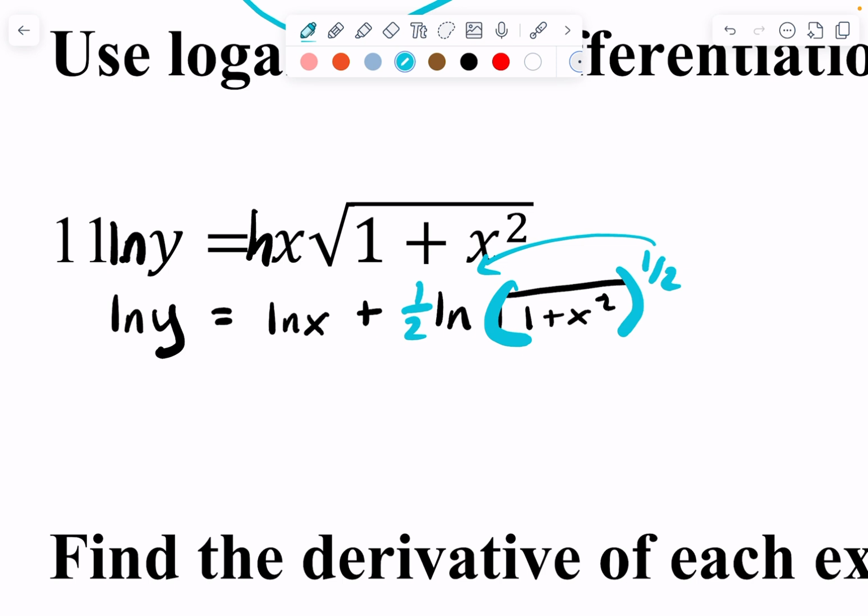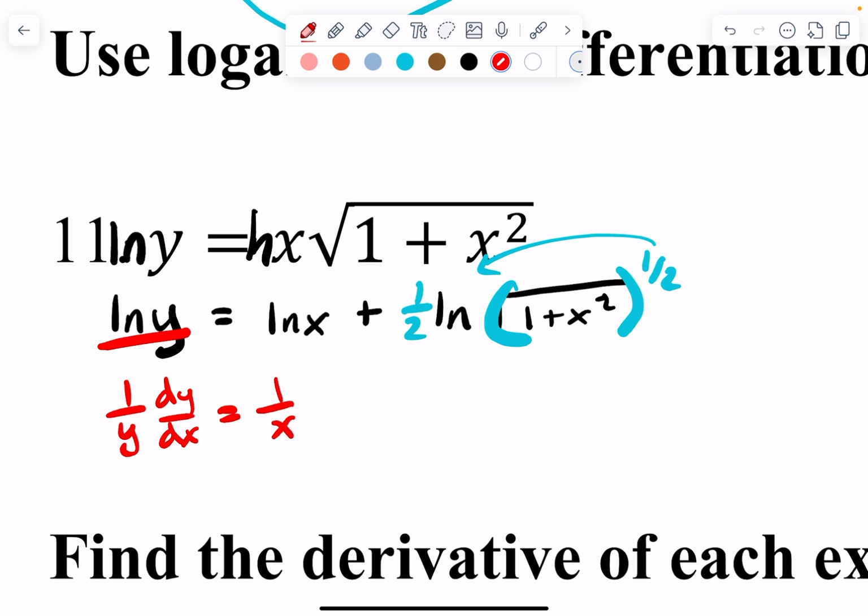The derivative of ln of y, I'm going to start right here. The derivative of ln of y is 1 over y, but I need to do y dx, equals the derivative of ln of x, which is 1 over x, plus the 1/2 is just chilling. Then I need to find the derivative of ln of that part, which is 1 over 1 plus x squared times the derivative on the outside.